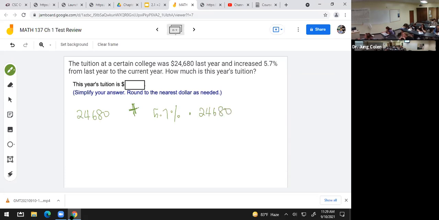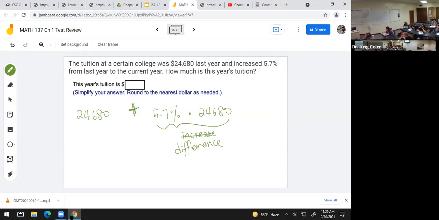Does this make sense? This is only the increase. Or the other way, in other words, it's the difference between this year and last year, right? So we can just calculate that now then. How can we calculate this one?